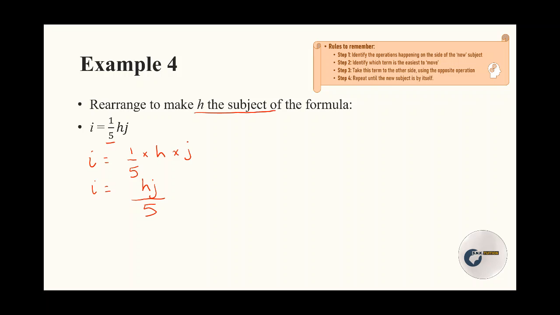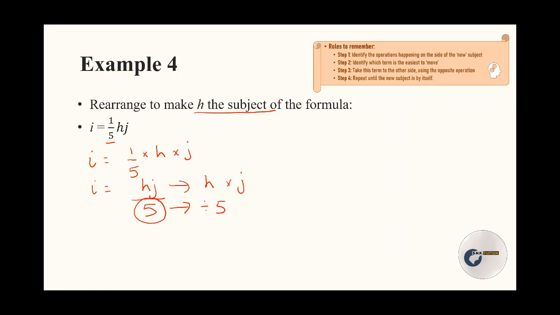Well, h is the new subject, so we have here dividing by 5, and here we have h multiplied by j. Step 2, identify which term is the easiest to move, or which one is the most appropriate to move. I think right now this dividing by 5 is most appropriate to move so that we're not having to deal with this division.